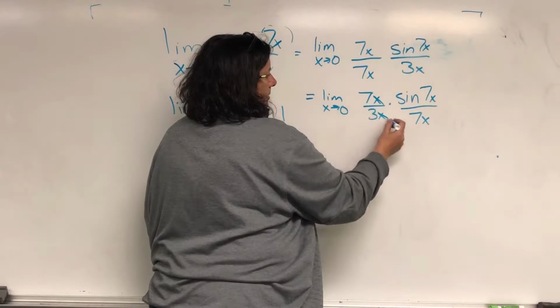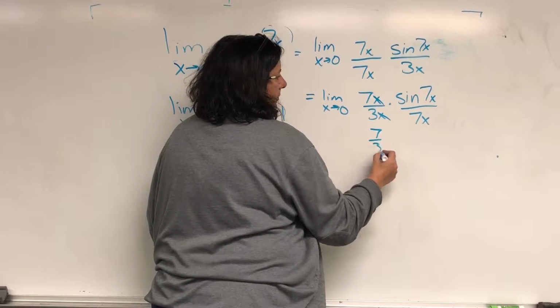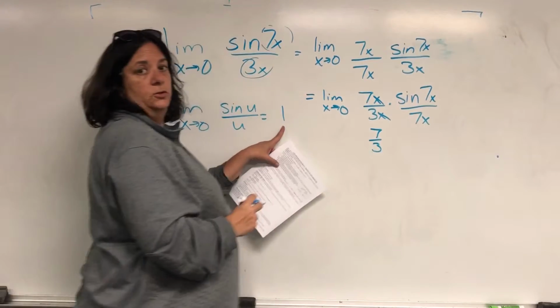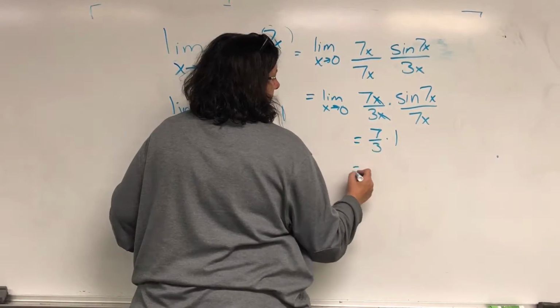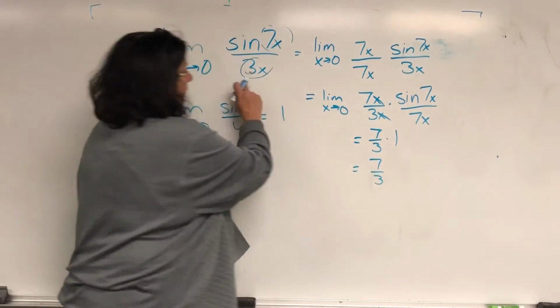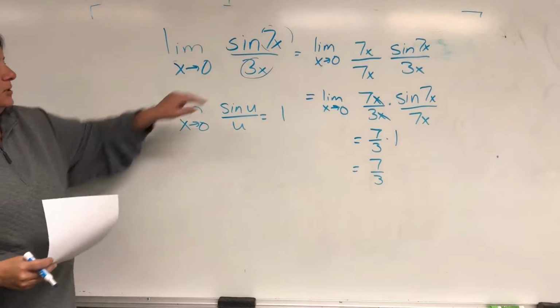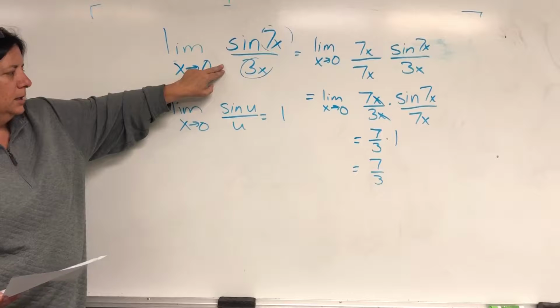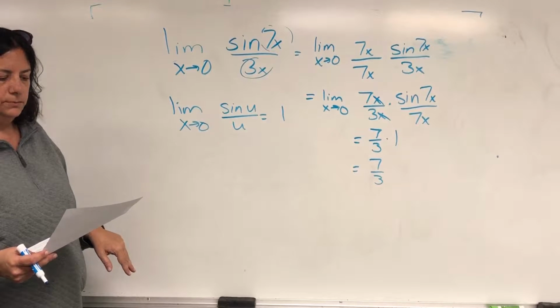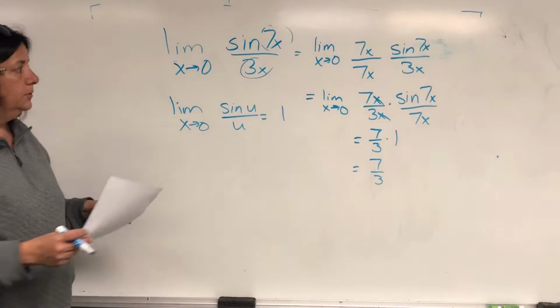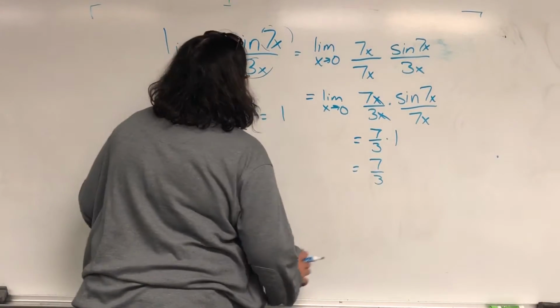These x's cancel. This becomes 7 over 3. I can use my special trig limit there, times 1. So my answer is 7 over 3 for this original limit. Doesn't quite always work out that way, so do make sure that you do the algebra involved when you do those. There's a new thing that we can try, and that's called L'Hopital's rule.